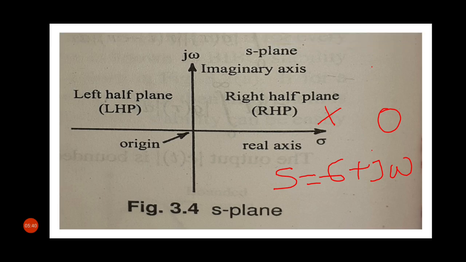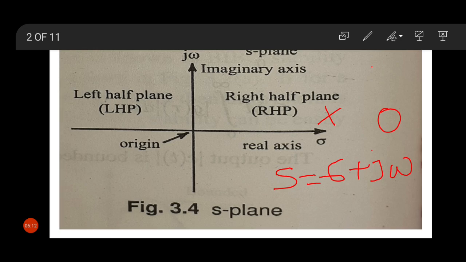The horizontal axis of the S-plane is known as the real axis since omega = 0 for all points on this axis, and the vertical axis is known as the imaginary axis since sigma = 0 for all points on this axis, so the imaginary axis is s = j omega. This is our origin, represented by 0 + j0.